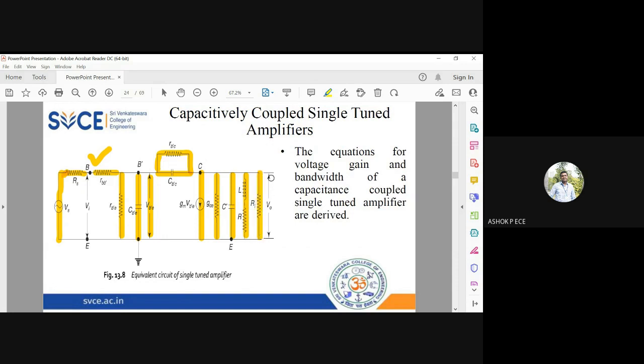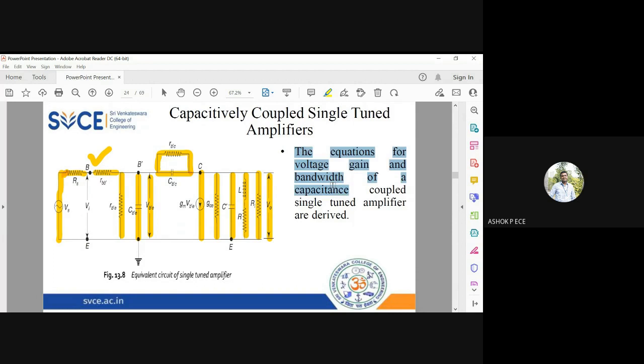And across Ri, I'm going to measure my V naught. If you are going to use only a single stage, this Ri will not come into your diagram. Since I'm considering a two-stage single tuned amplifier connected in cascade, apart from your usual load C dash, L and R in series, you will also have Ri. Ri is the input impedance of the second stage of your amplifier.